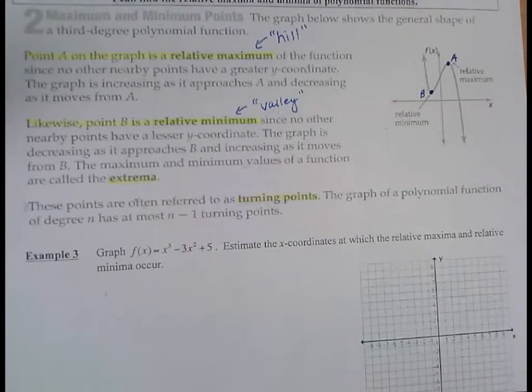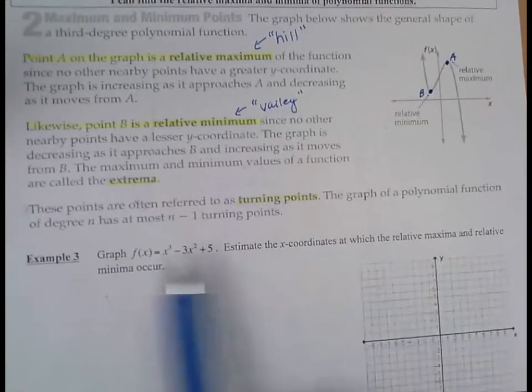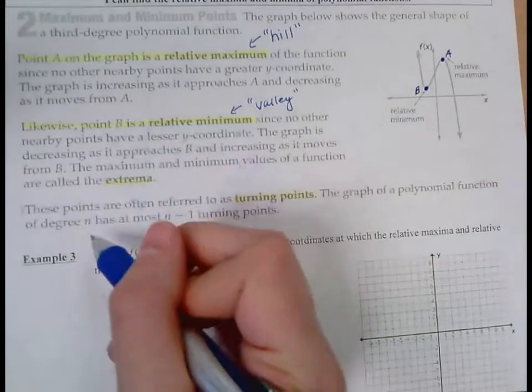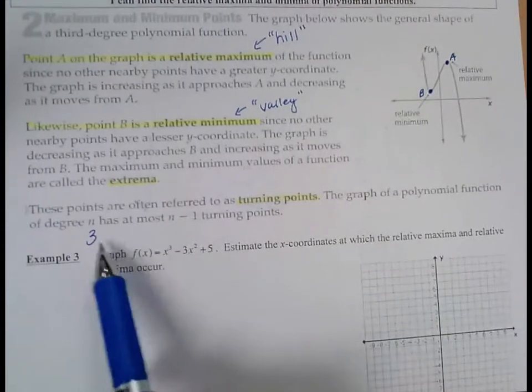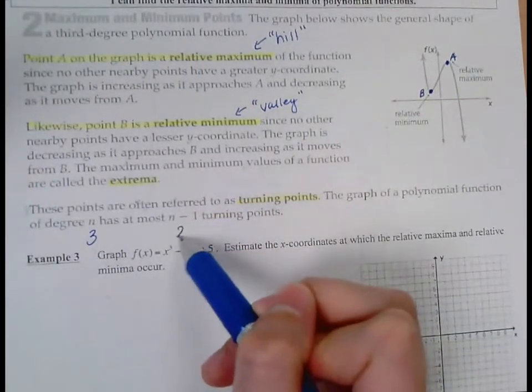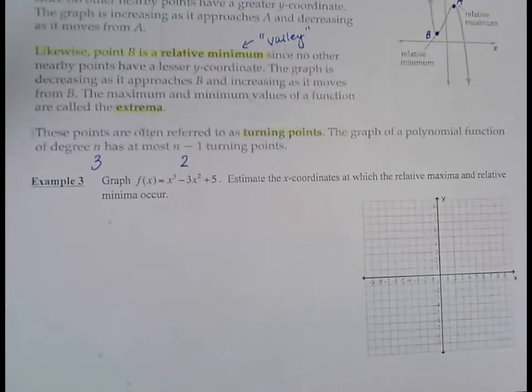If it had 3 directions, it changed direction twice. So that's what's explained here: the graph of a polynomial function of degree n will have at most n minus 1 turning points. A degree of 3 would have 3 minus 1, or 2, turning points. So again, just another thing to understand from a graph.